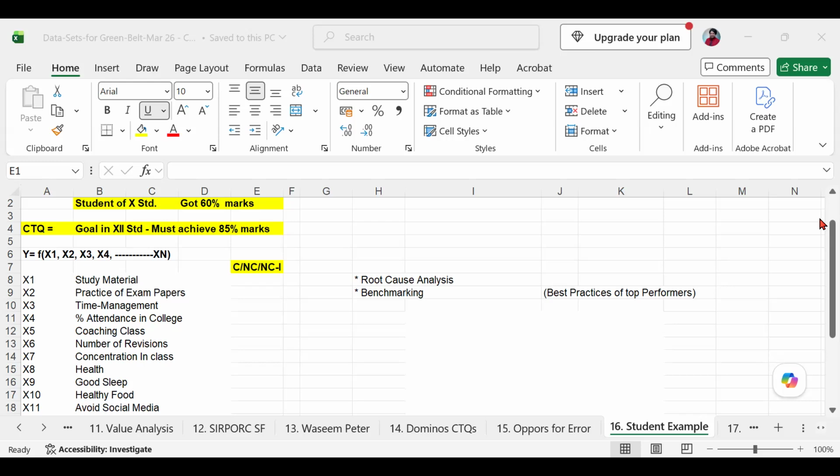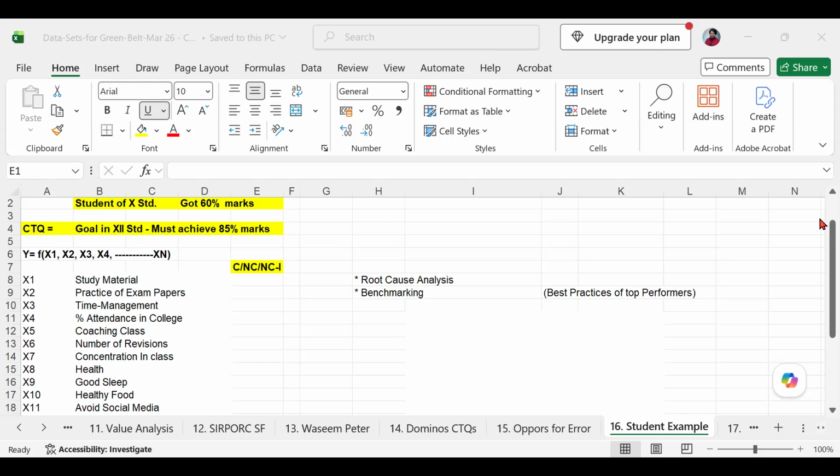So Y is the dependent variable. Y is depending on the X's. X is the independent variable. Independent variable means we can modify X, we can change X. And if we have to change Y, we will have to change X because Y is an output.